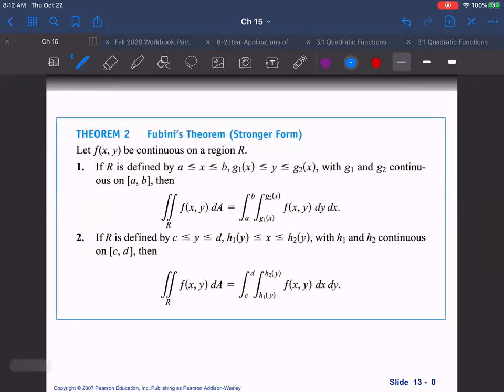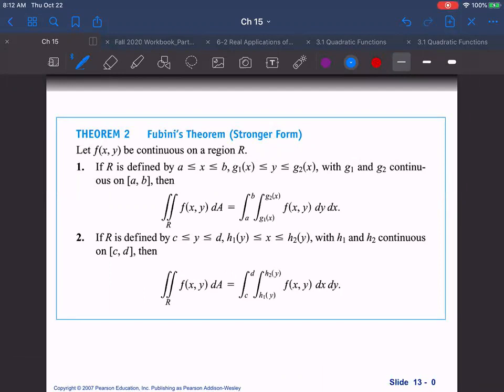So let's take a look here. Here is the theorem again, Fubini's theorem, just a more general form of it. So if R is defined by x between a and b, and y is bounded by these two functions, then we can do the integral there, doing y first.